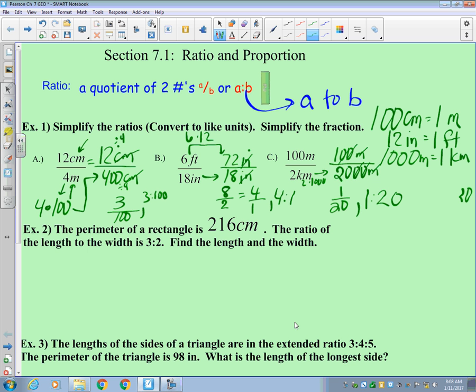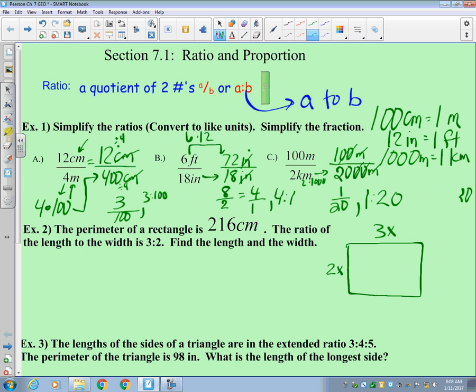The ratio of length to width, so if we draw a picture, is 3 to 2. It doesn't mean that the distance is like 2 inches and 3 inches. It just means that it's some number times 2 and some number times 3.